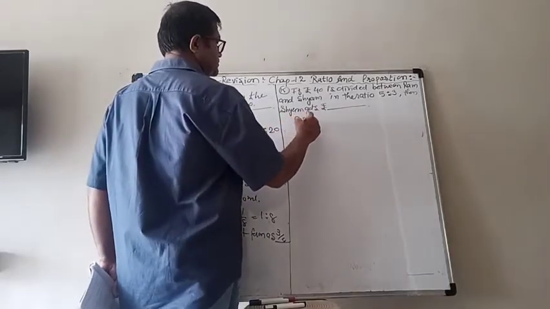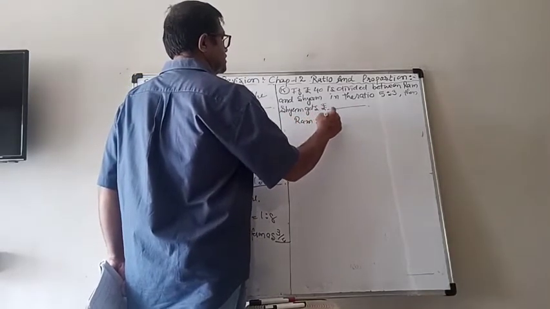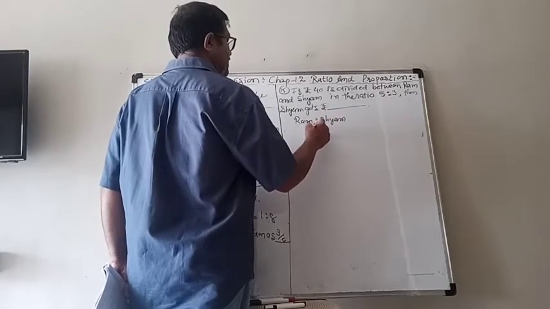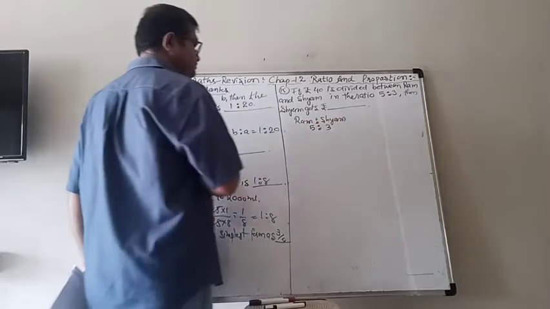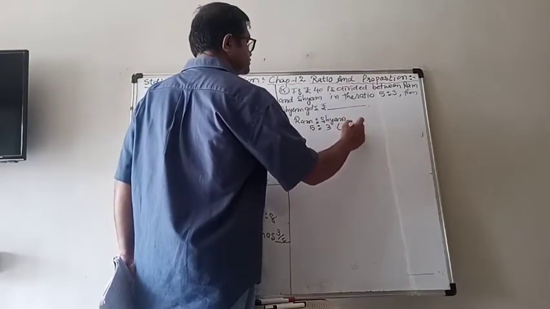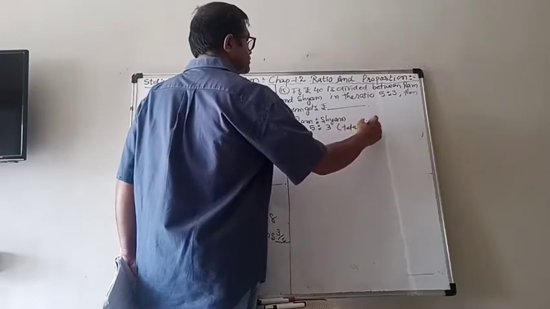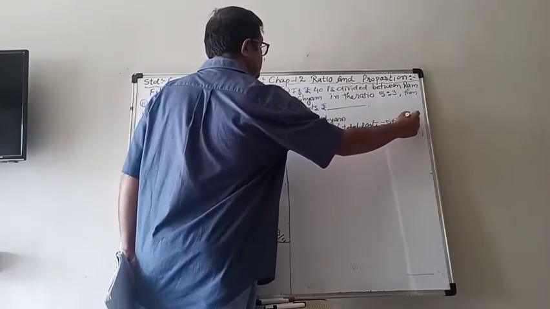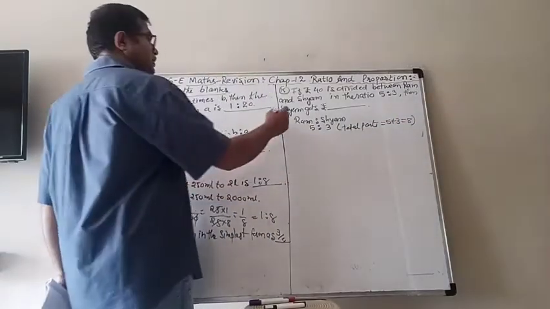So now Ram is to Shyam, they will get parts in the ratio 5:3. So your total parts is equal to 5 plus 3 is equal to 8.